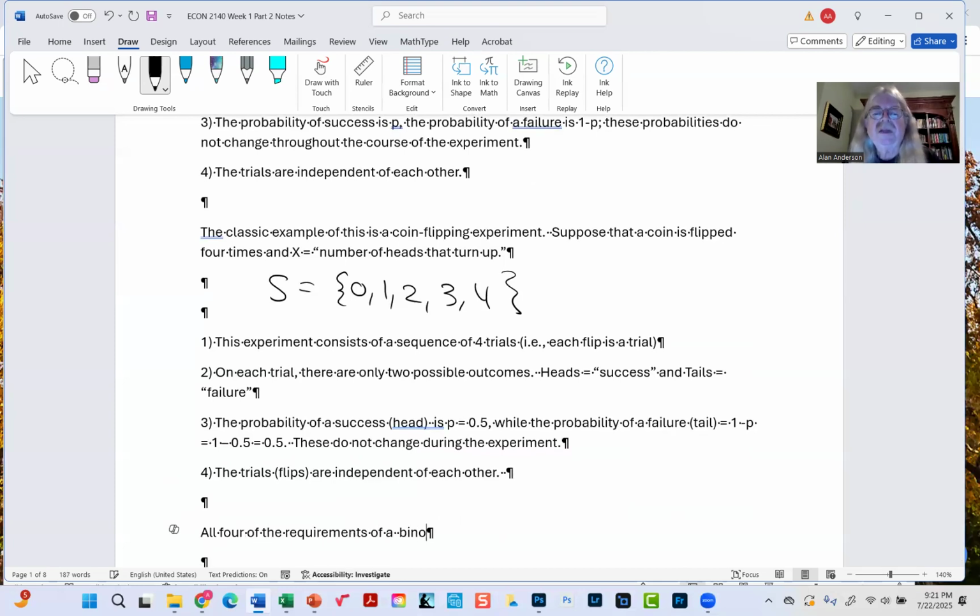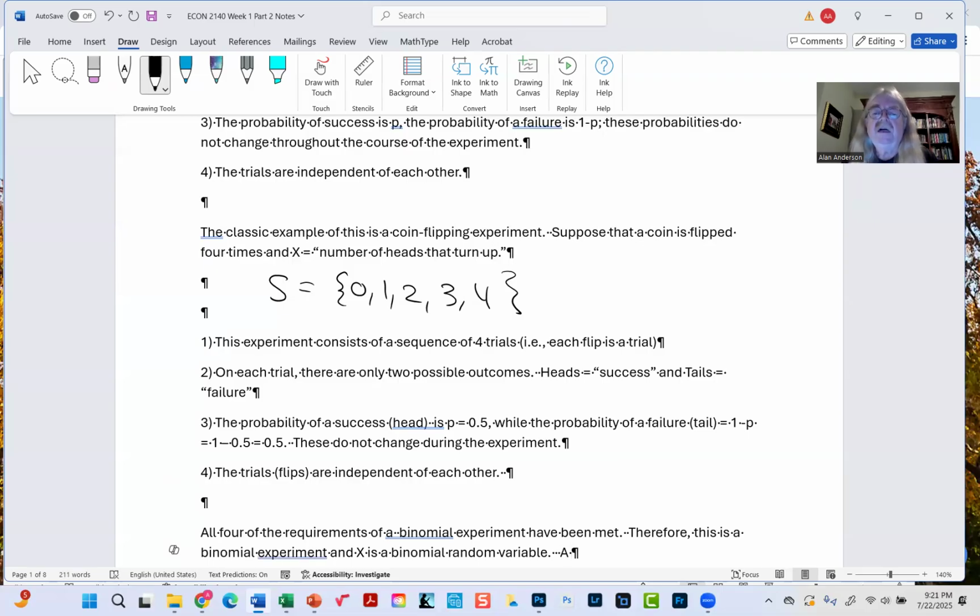So all 4 of the requirements of a binomial experiment have been met. Therefore, this is a binomial experiment, and X is a binomial random variable. You can think of it as a special type of discrete random variable.